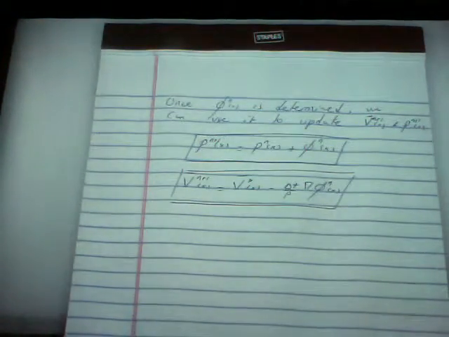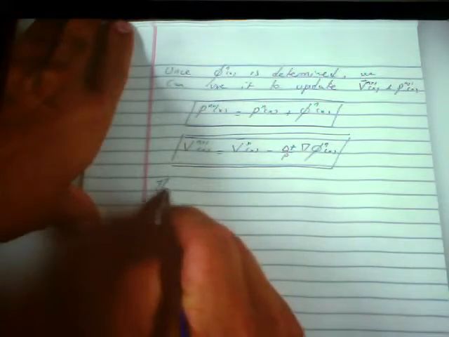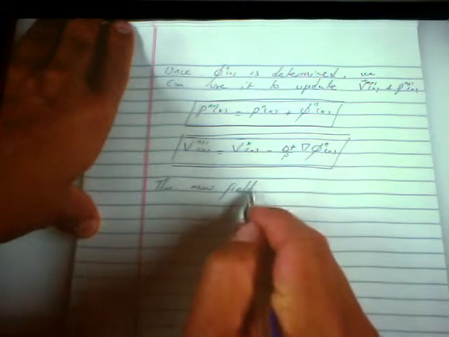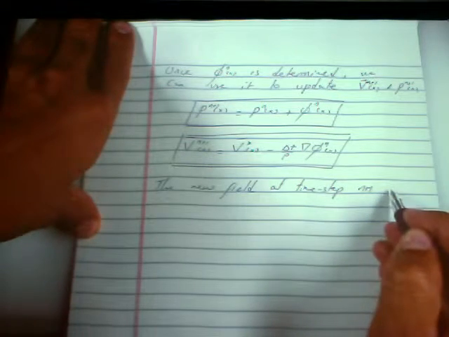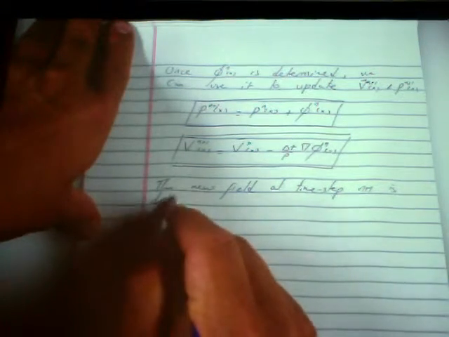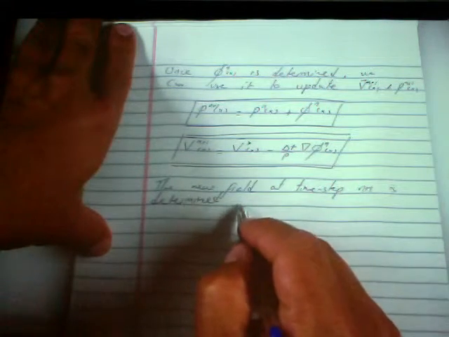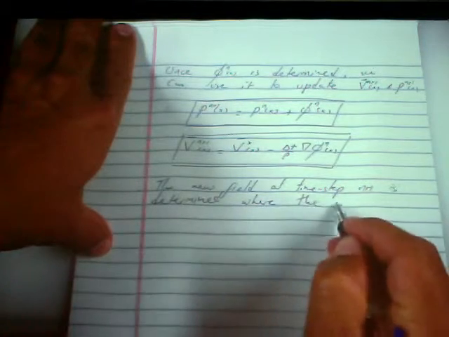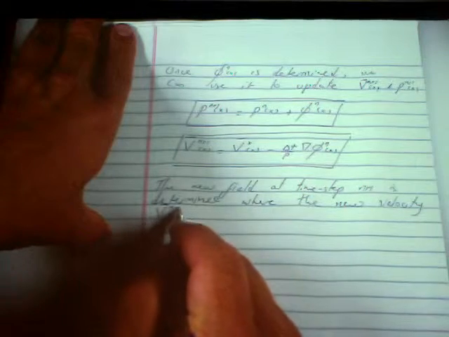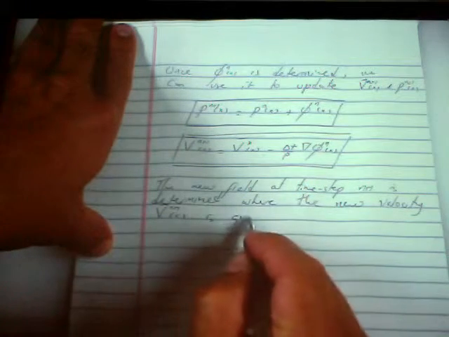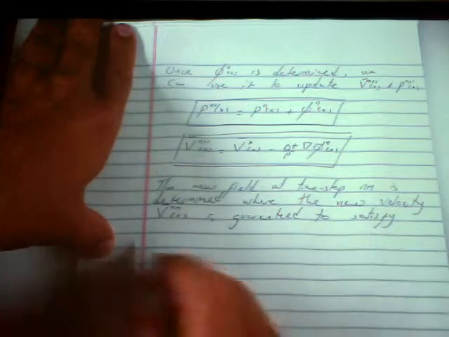So the new field at time step n plus 1 is determined, where the new velocity v n plus 1 is guaranteed to satisfy continuity.